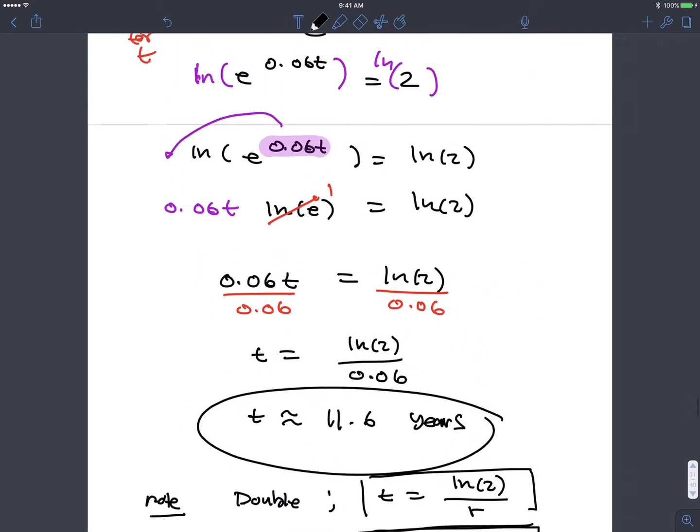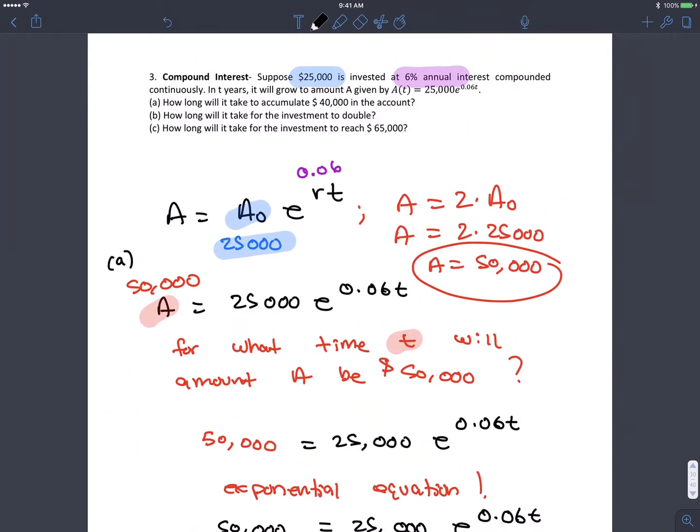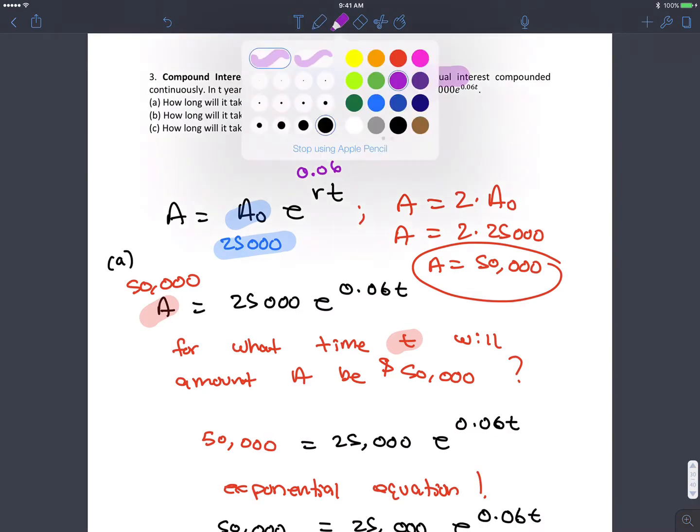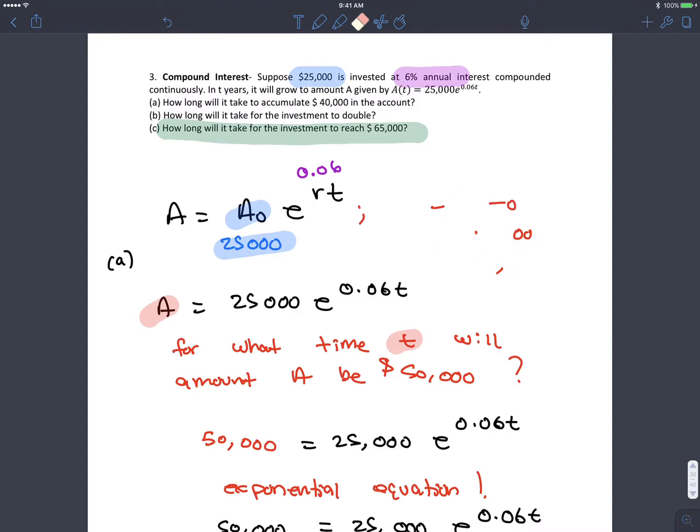The last question here, question C, is not doubling or tripling. It's how long does it take? Let's read this question. How long will it take for the investment to reach simply 65,000? So this amount again is going to be changed. Let's erase what we don't need.